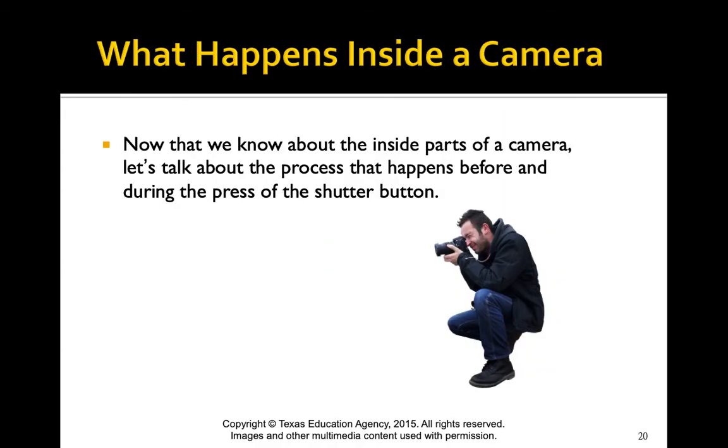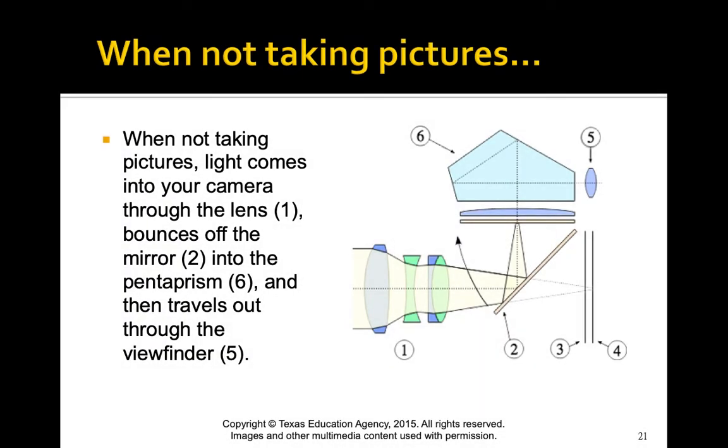What happens inside the camera, and this part you will need to know for the quiz. I've already kind of talked about it once, but let's see it. It has to do with the shutter, okay? When not taking a picture, the light comes into your camera here, bounces on the mirror, through the pentaprism to the lens finder, that's your viewfinder, that's what you're looking through, okay?